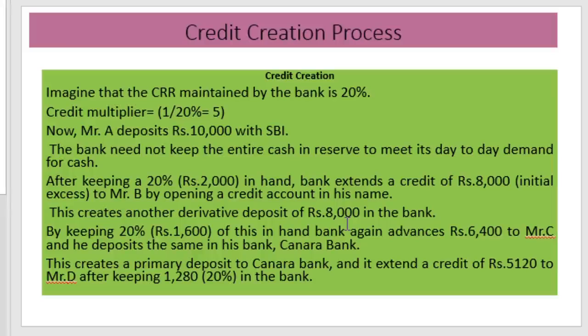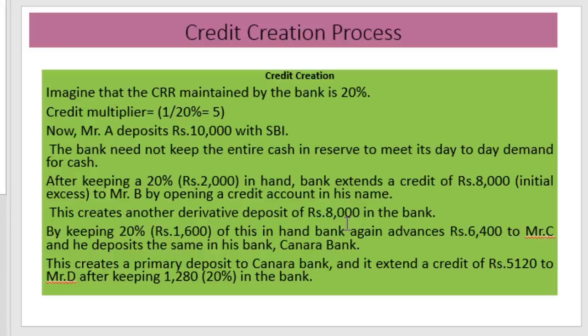This 8,000 is known as the initial excess reserve. Then this 8,000 can be given as a loan to Mr. B, and the loan will be sanctioned by the bank, and this amount will be deposited in B's account. This account is the loan account.